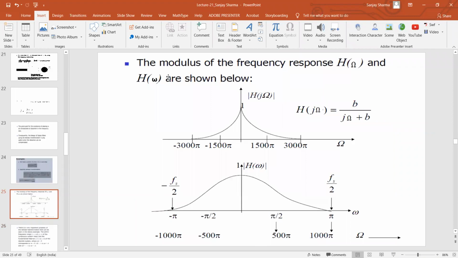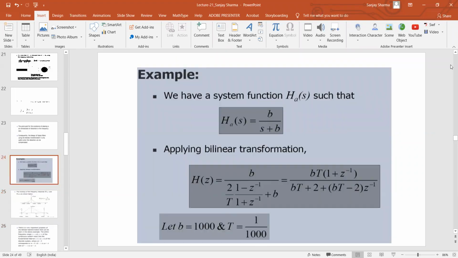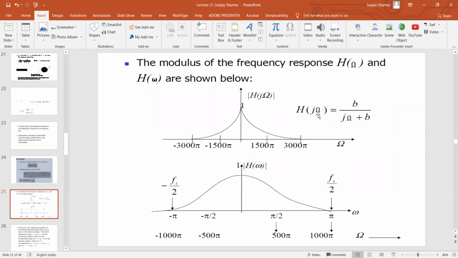First of all, we obtain the frequency response. How to obtain the frequency response? In the analog domain, take the Fourier transform, that's one method, or replace s with j capital omega. Once you replace s with j capital omega, you will get the frequency response in the analog domain.